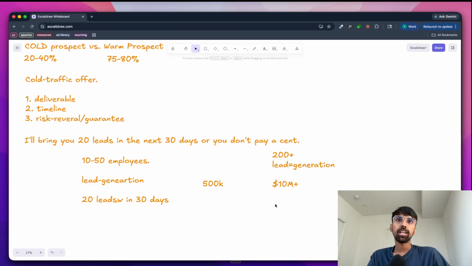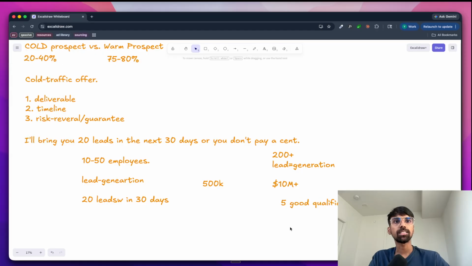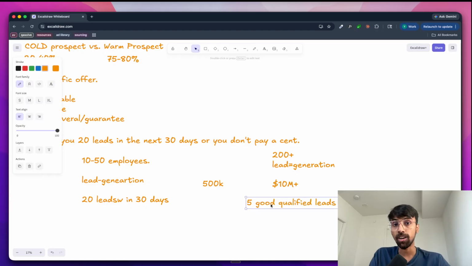And if the target market is smaller, like bigger companies, mid-market or enterprise companies, you promising 20 leads makes you somebody who doesn't understand the market, or essentially a spammer. So you'll have to promise something like, I'll give you five good qualified leads in 30 days, or you don't pay a cent. This is how you can modify your offer depending on the prospects that you're reaching out to.